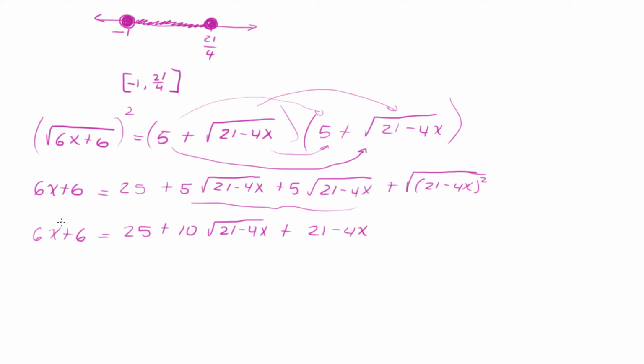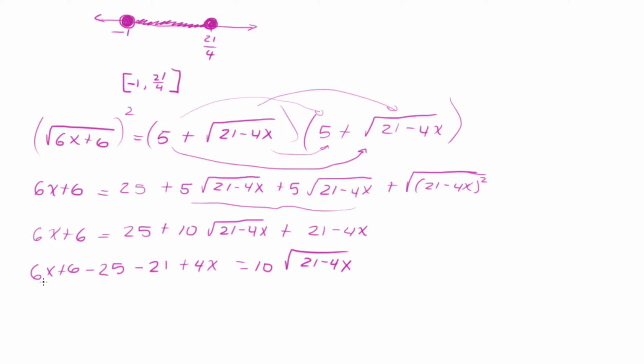Now, the next step from here, once you get this step correctly, is to isolate the other radical. So we can do exactly the same thing. I'm going to move everything to the left that does not have a radical. So it's going to be 6x plus 6 minus 25 minus 21 plus 4x equals 10 radical 21 minus 4x.